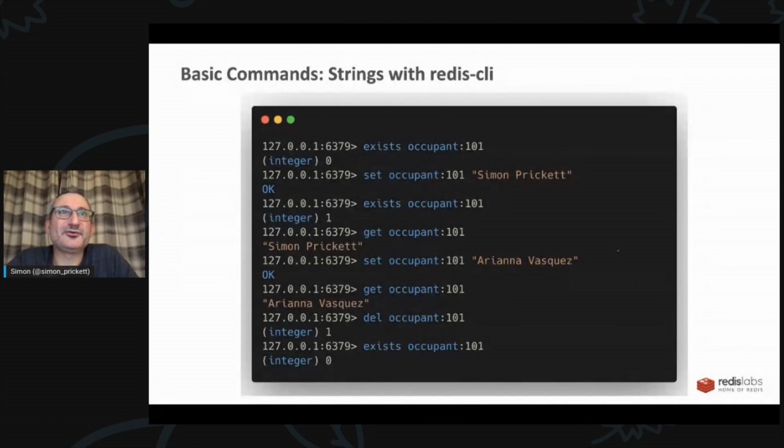Things to note: there was no setup step here. We didn't have to declare occupant 101 as a string key. We just put something in it. It was created on set. Then down at the bottom, we can delete that key and check if it exists again. So very basic CRUD type operations on strings in the CLI.